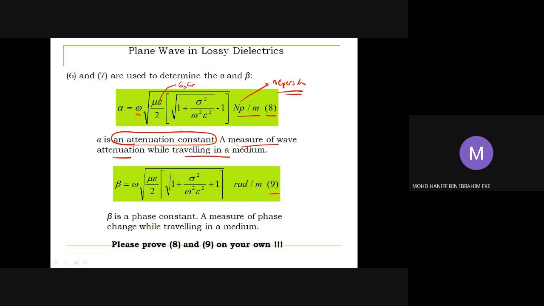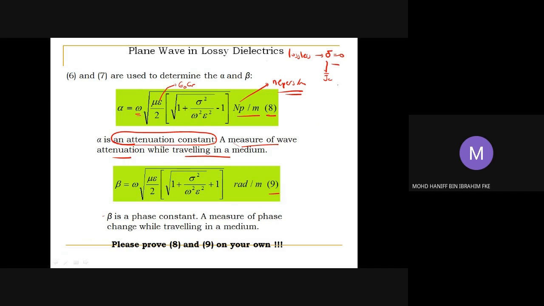Before this, we agreed that for the case of a lossless dielectric, the sigma, the conductivity, equals 0. When the conductivity equals 0, the J_c, the conduction current, is also equal to 0.